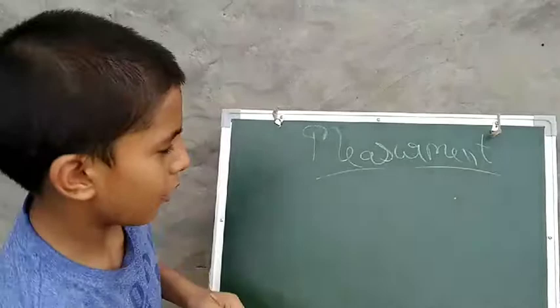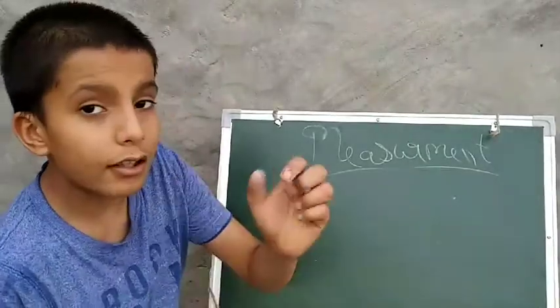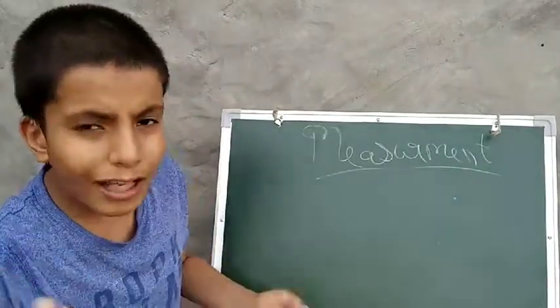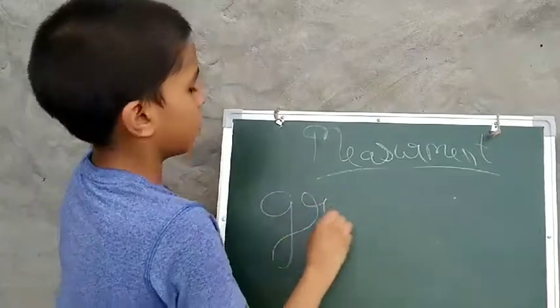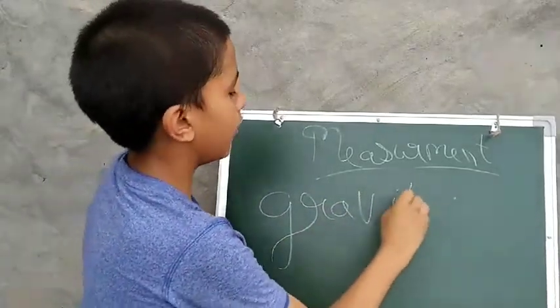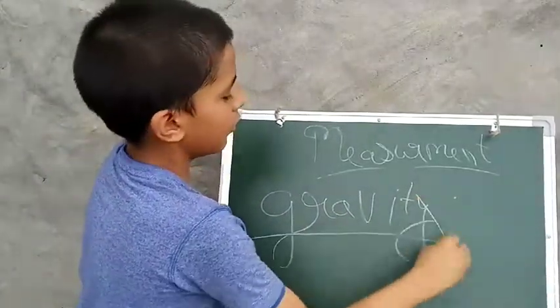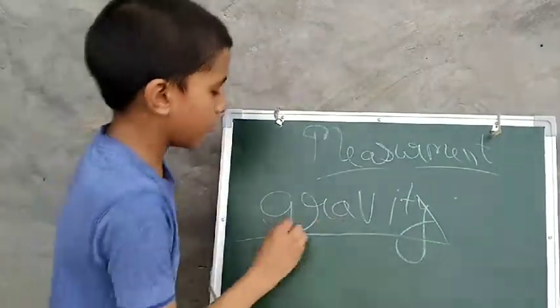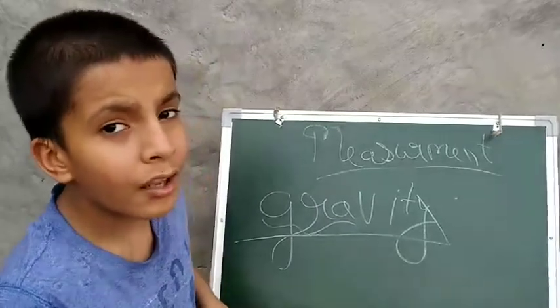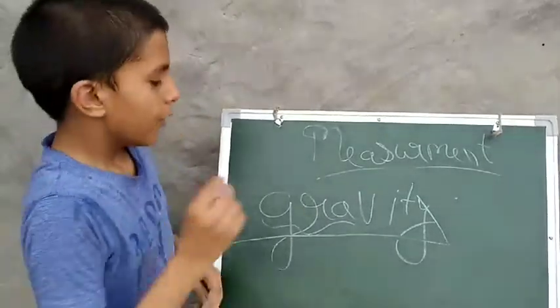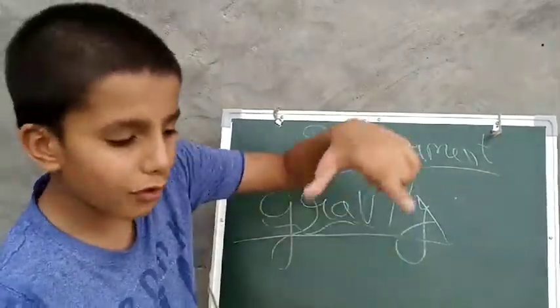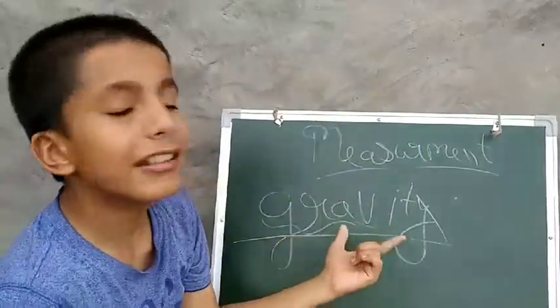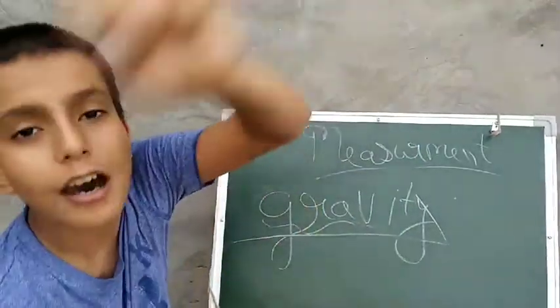Weight means when a force, only gravity, not gravitation. Why? Because gravity is the force that is on Earth, and gravitation is the force that is in the universe.